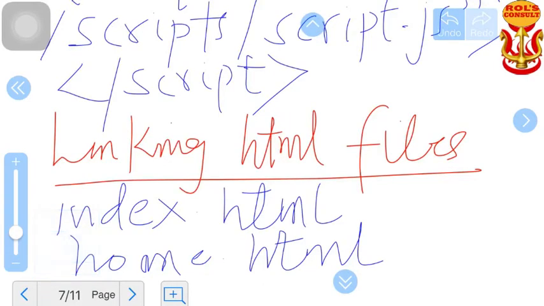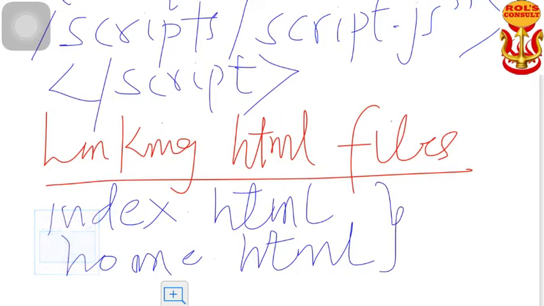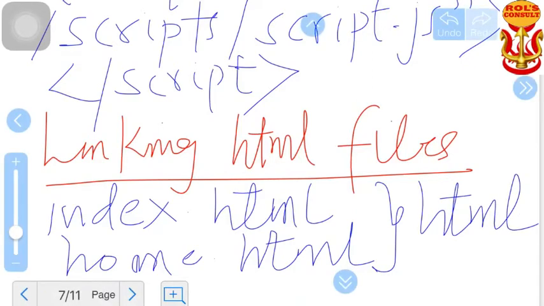Now we know that both index.html and home.html are located inside the same folder, which is what? HTML. Okay, so both of these are inside the folder of what? HTML. So do we need to go outside HTML in order to access home.html?